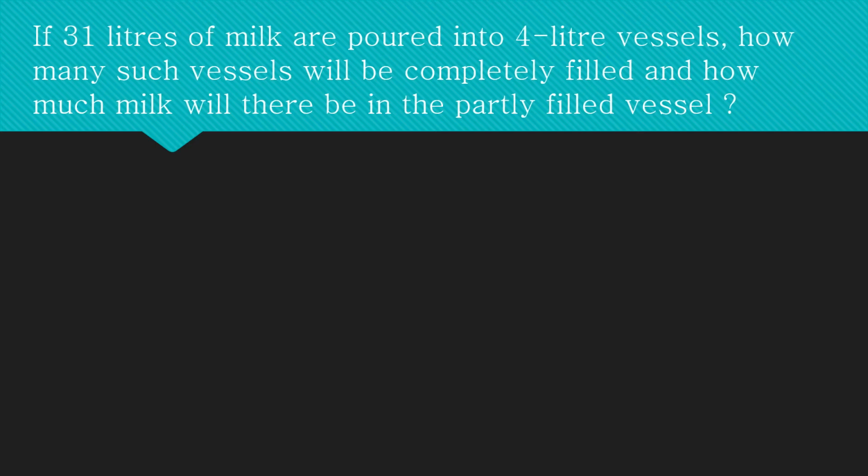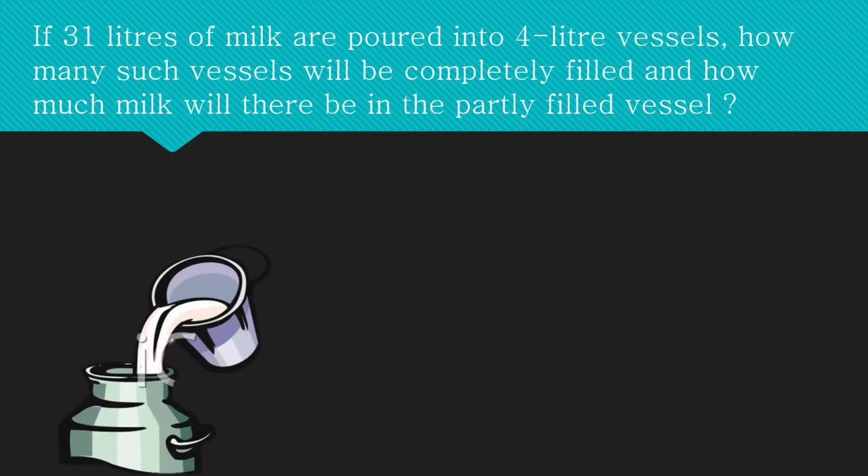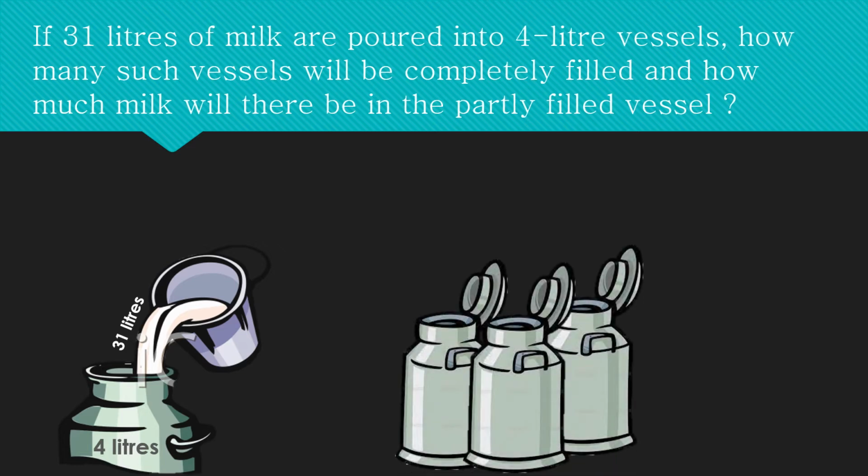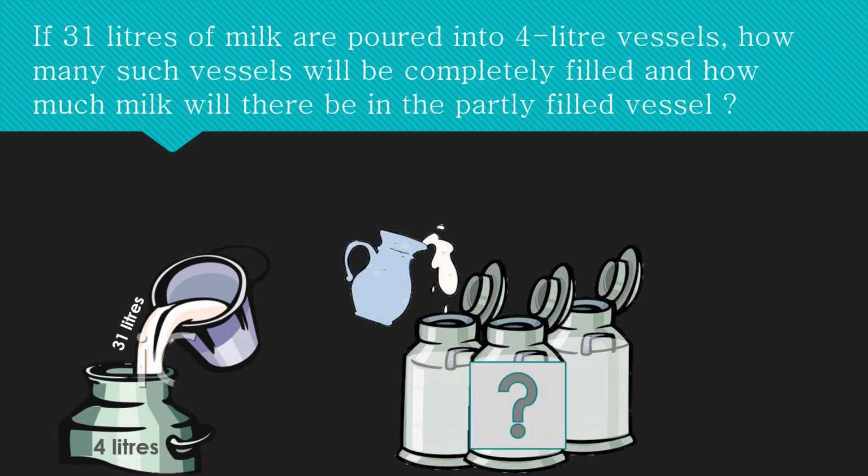So students, if we pour 31 liters of milk in 4-liter vessels, then how many such vessels will be completely filled with 31 liters of milk? We have to find out that, and we have to also find out how much milk will be there in the partly filled vessels.